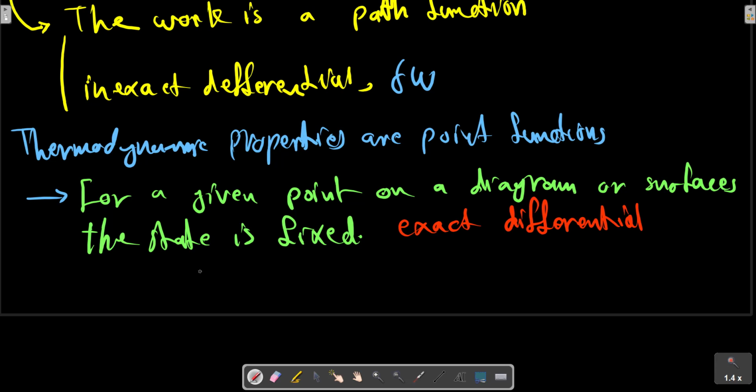So we have the integral of dB equals B2 minus B1 for point functions.